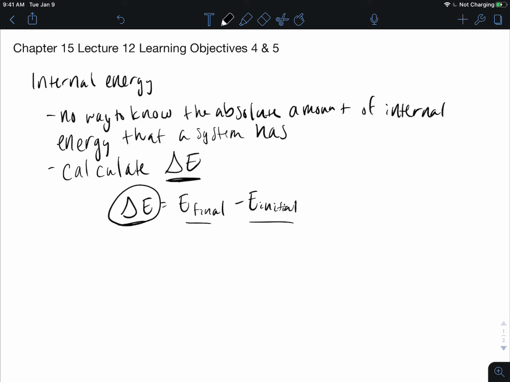So our heat, delta H, is equal to our heat at a constant pressure. And most processes we look at are constant pressure systems.